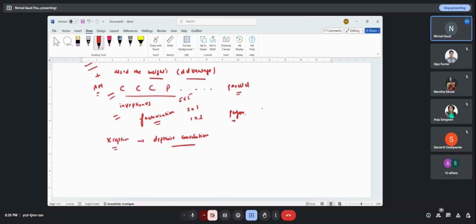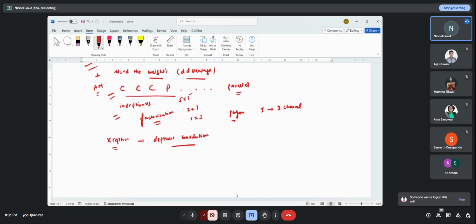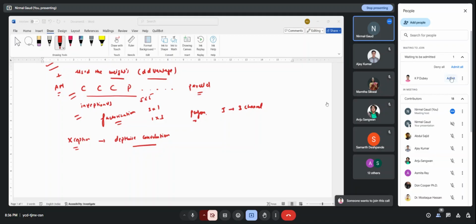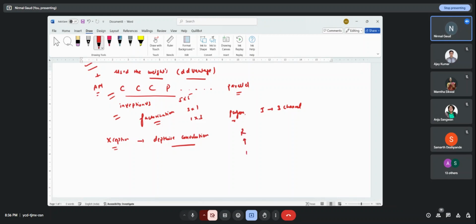That means if there is an image with three channels, you will be performing the operation of a kernel with each channel. One with red, perform the kernel. One with green, perform. And one with blue, perform. So channel-wise you have to perform the kernel operation. I will be showing more on it.